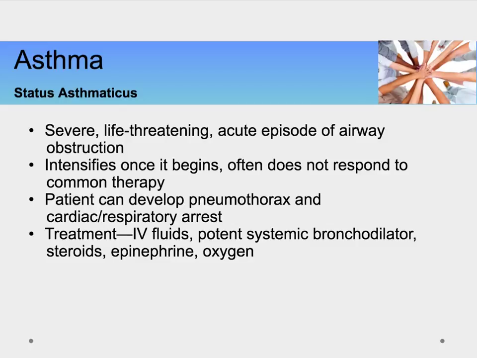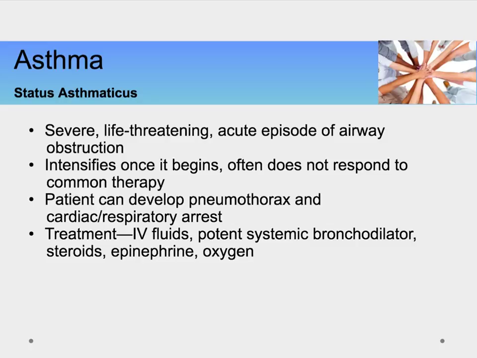Patient arrives in the ED with extremely labored breathing and wheezing. That's that stridor, when you hear that high-pitched whistling sound outside the door. You don't even have to use your stethoscope. That is a patient who's having a severe asthma attack, status asthmaticus. They're using accessory muscles for breathing. If it is not reversed, the patient can go into cardiac or respiratory arrest. So we are using bronchodilators, steroids, and sometimes epinephrine as a rescue medication.